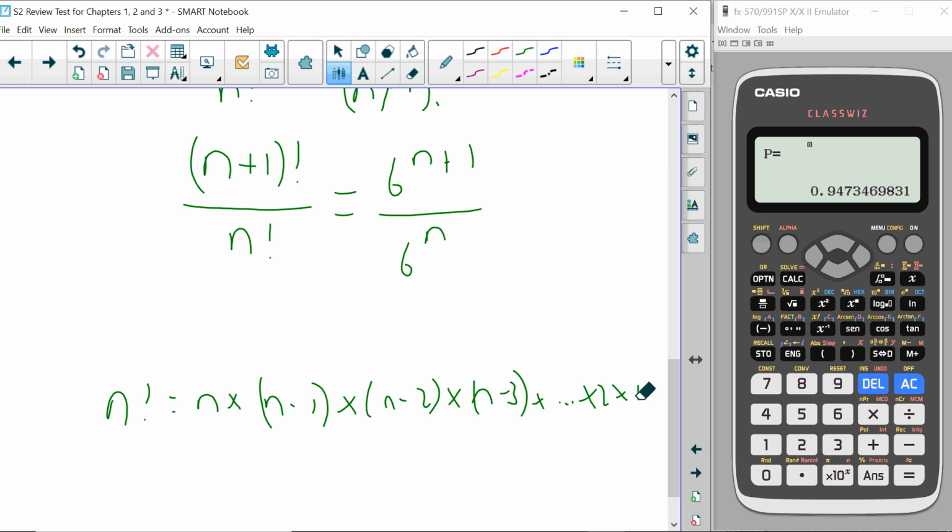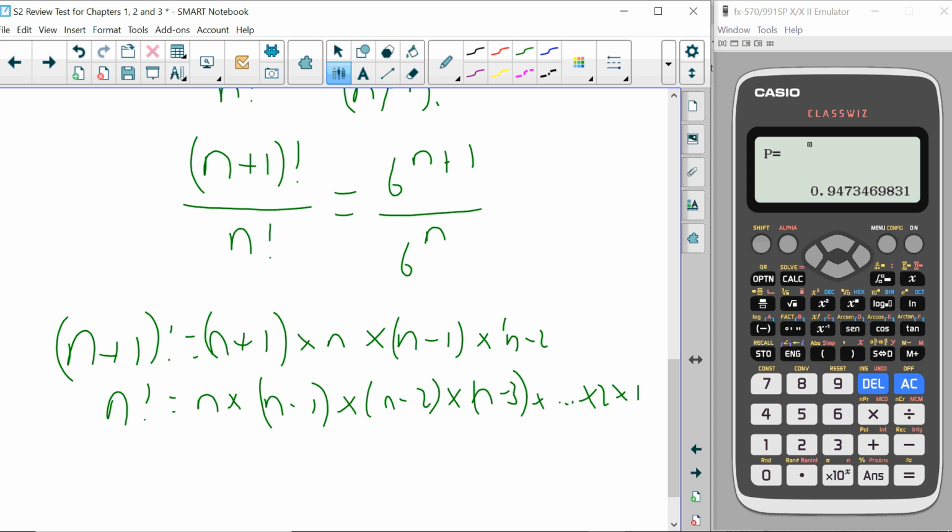So we're down all the numbers from the value of n down to 1. Okay? Now, by the same logic, n plus 1 factorial is n plus 1 multiplied by n plus 1 minus 1, or n, times by n minus 1, times by n minus 2, all the way down to times 3 times 2 times 1.